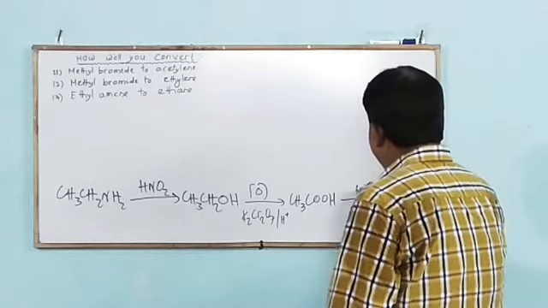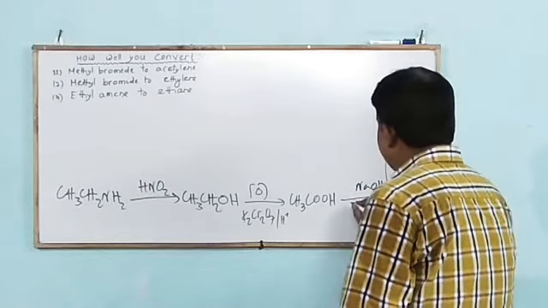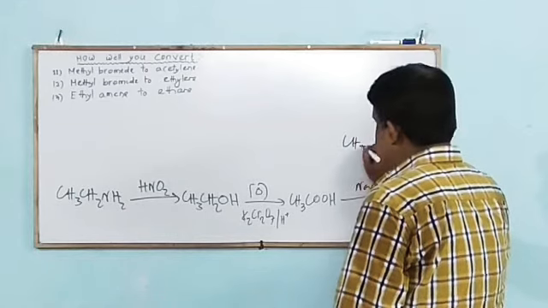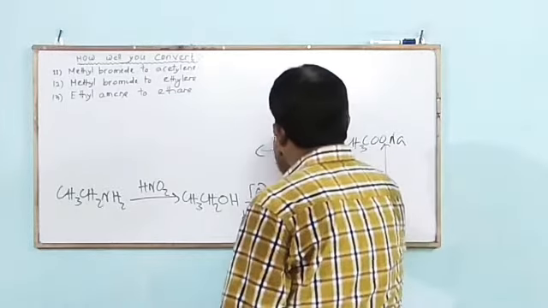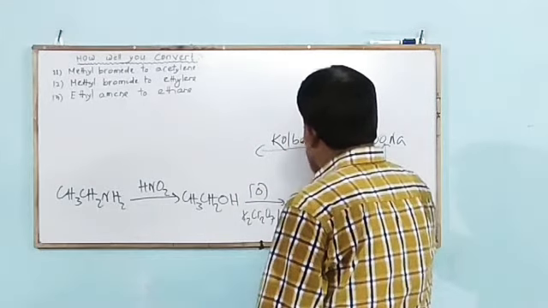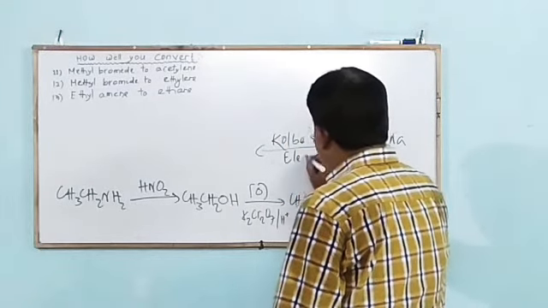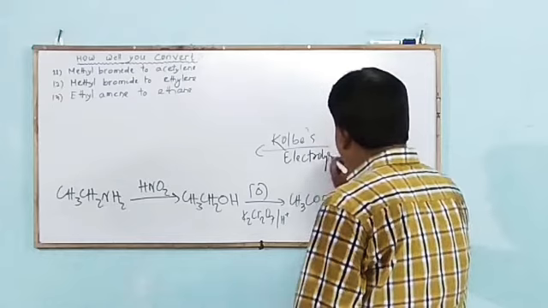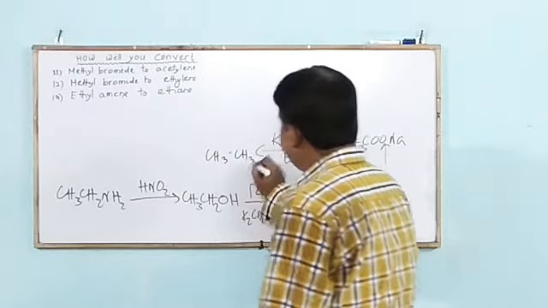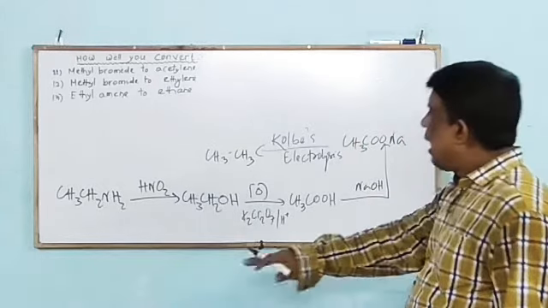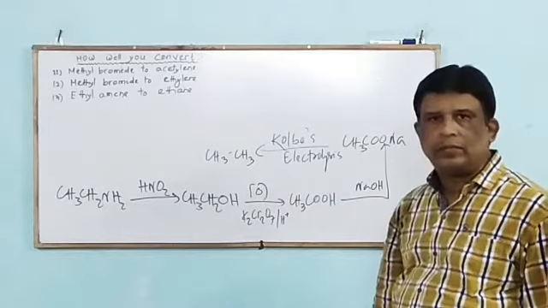Acetic acid reacts with sodium hydroxide to form sodium acetate. When sodium acetate undergoes Kolbe electrolysis, it forms ethane. So in this way, ethylamine to ethane.